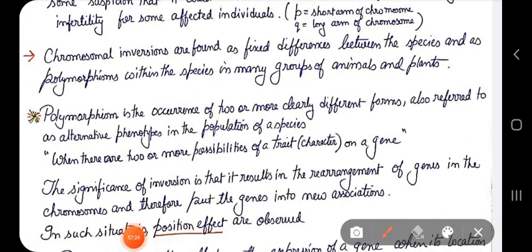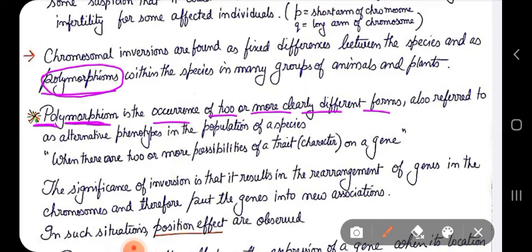It leads to polymorphism. Actually, what does polymorphism mean? Poly means many, morphism means morphological character. It simply means the occurrence of two or more clearly different forms, also referred to as alternative phenotypes, in the population of a gene. So with the help of chromosome inversions, we can make polymorphism within the same species and within different species.